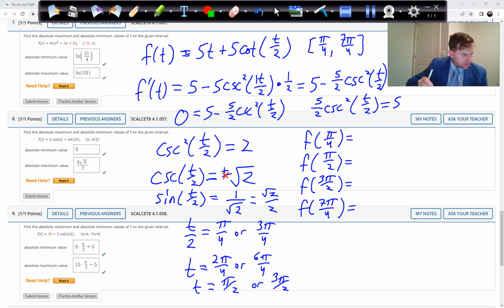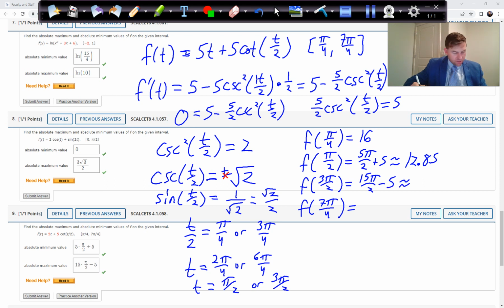Okay, if you plug these into the original equation, you should get pi over 4 is going to be 16. Pi over 2 is going to end up being 5 pi over 2 plus 5, which is approximately equal to 12.85. 3 pi over 2 is going to be 15 pi over 2 minus 5, which is approximately 18 point, my handwriting's messy here, I'll just say 18.